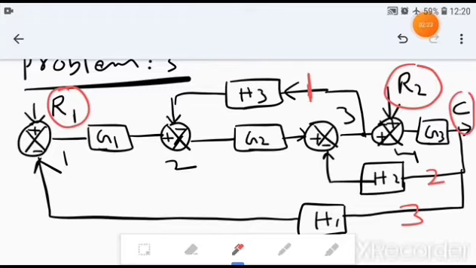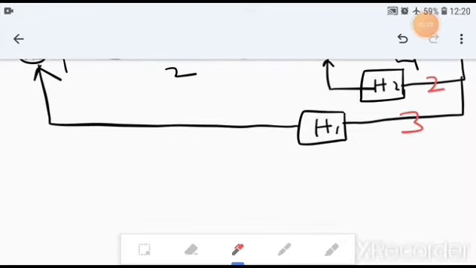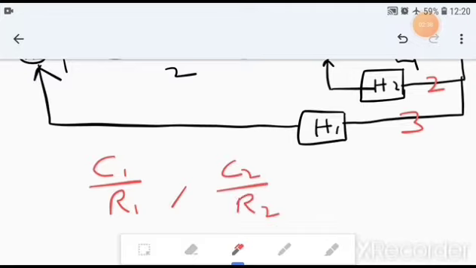We have two inputs and one output, and what they ask is, individually, for input R1 we get output C1, so we get C1 by R1, which is one transfer function, and for R2 input we get C2 output, so C2 by R2 will be another transfer function.